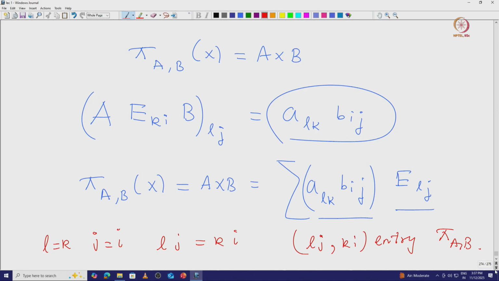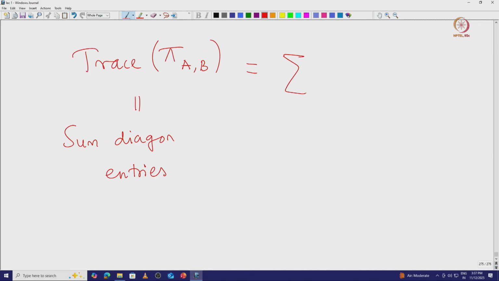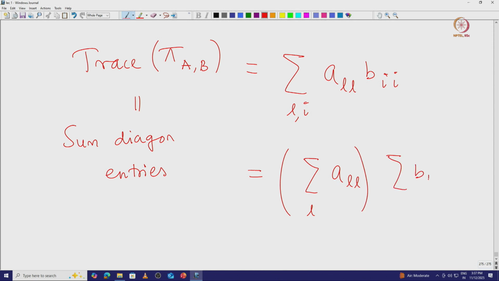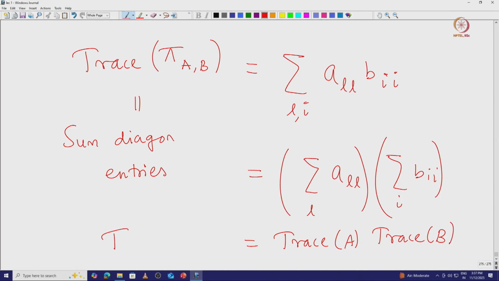So, this is exactly the sum of A l l and B i i, where l and i run over their ranges. Then this is exactly the sum of A l l times the sum of B i i. This looks familiar. Basically, this is the trace of A and this is the trace of B. So, the trace of the operator pi A B is given by the product of these traces.